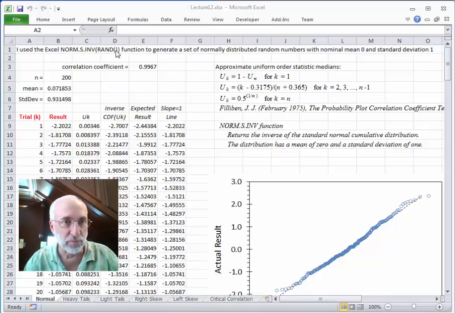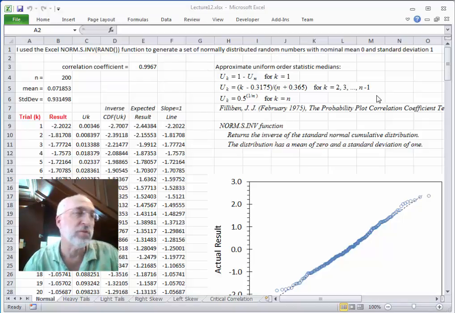First, rand parentheses creates a random number uniformly distributed between 0 and 1. Well, not uniformly distributed, but probabilities always go between 0 and 1. So to turn a uniform probability into, say, a normal probability, I'll simply use the inverse normal function.